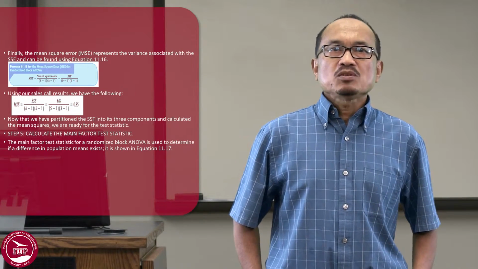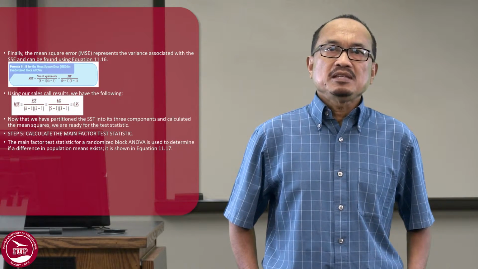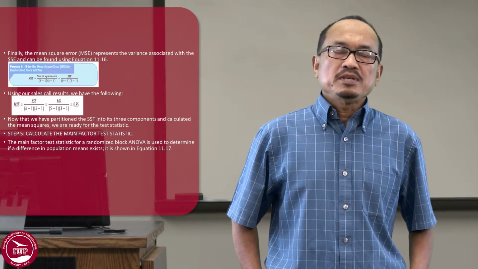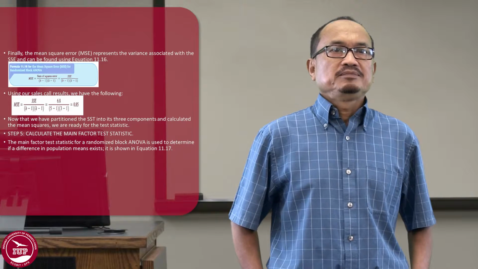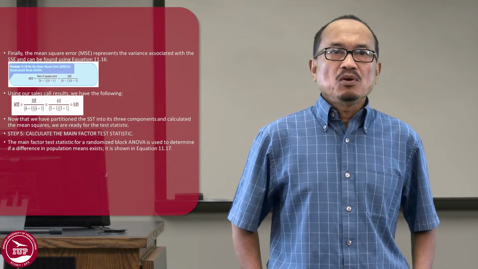Finally, the mean square error, or MSE, represents the variance associated with the SSE and can be found using equation 11.16. Using our sales call result, we have the following.